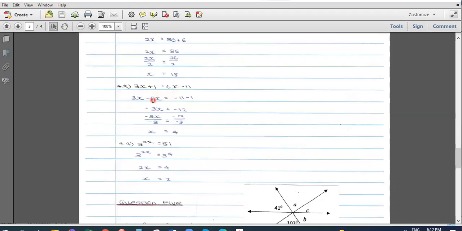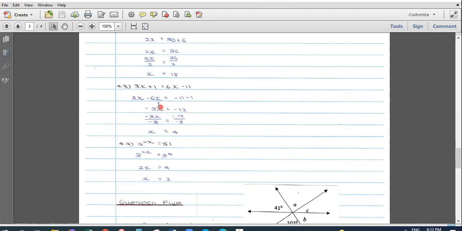Positive 6x becomes negative 6x. Positive 1 becomes negative 1. That will be one way of solving your equations. And positive 3 and negative 6 will give you negative 3x. Negative 11, negative 1 is negative 12.